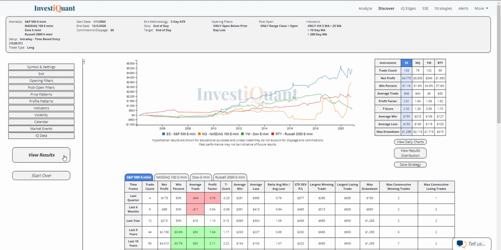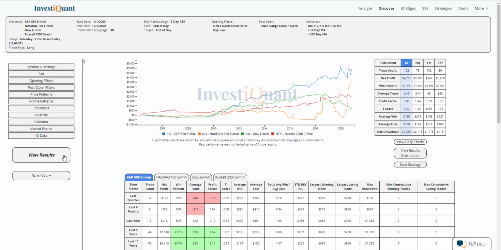So these are the results of going long at 3 p.m. Eastern time, exiting at the close, 4:15 p.m. Eastern time, when using this same pattern from our bias alerts. So the pattern is the 5-day moving average of the VIX is less than the 25-day moving average of the VIX, you are above a 10 and 200-day simple moving average, and you open below the prior session low.